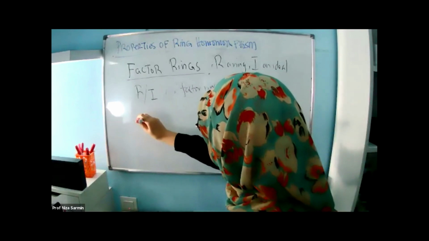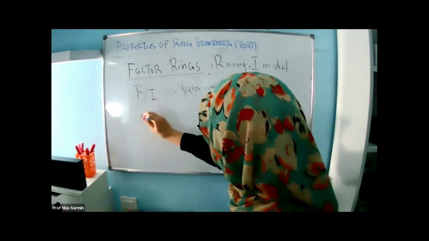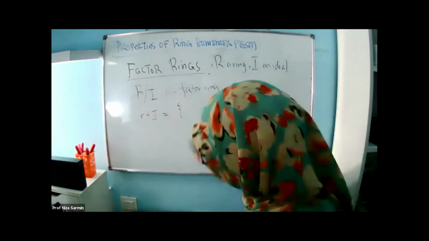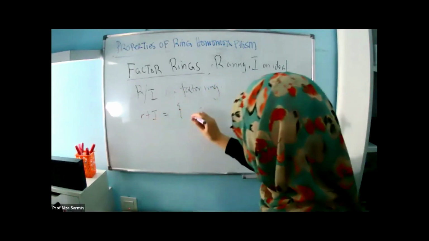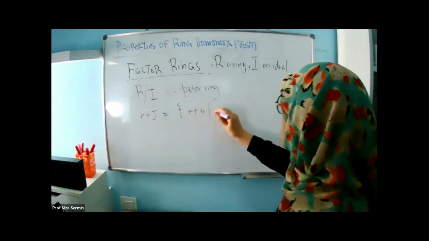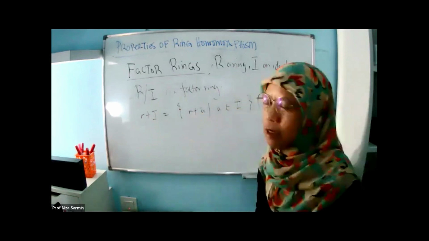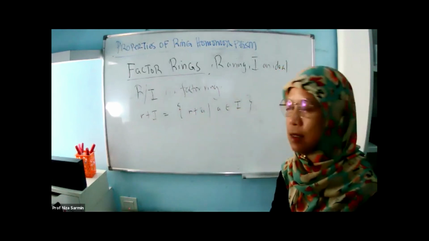And the elements of this are in this form: R plus I. I don't want to put I here because I is normally for identity, right?